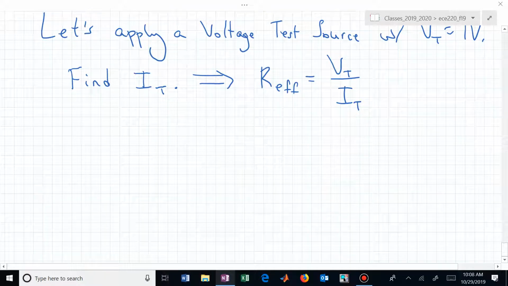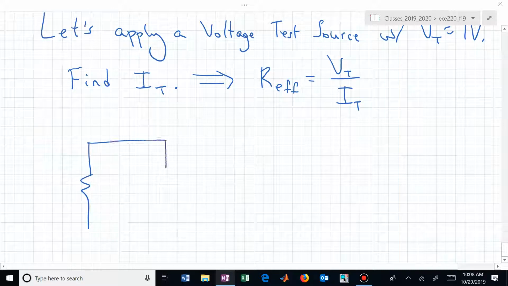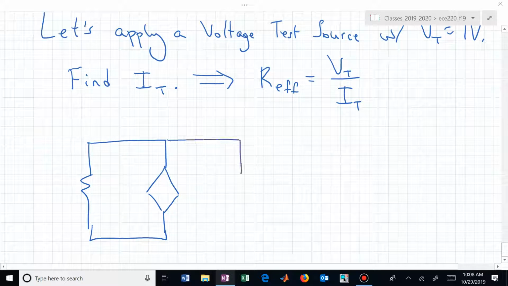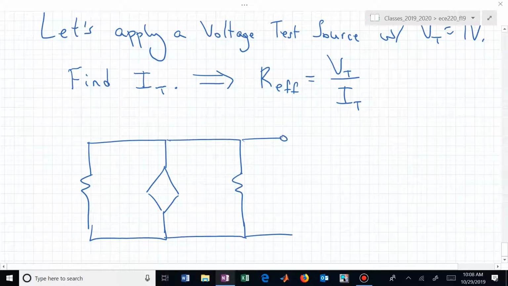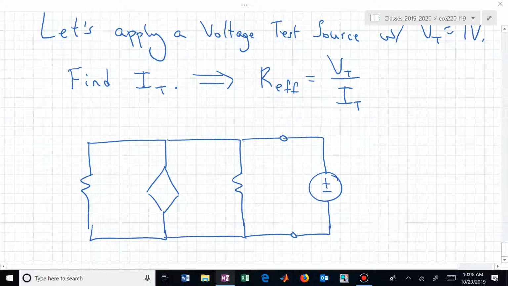So here we're just going to draw it again. I'm actually buying myself time. I'm trying to think how we can solve this. If I just keep drawing this circuit, I'm hoping some magic happens and I'll be able to solve it. So here's our test voltage. This was now 6I1. This was 2.